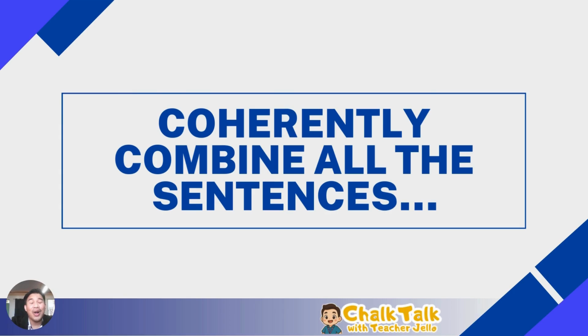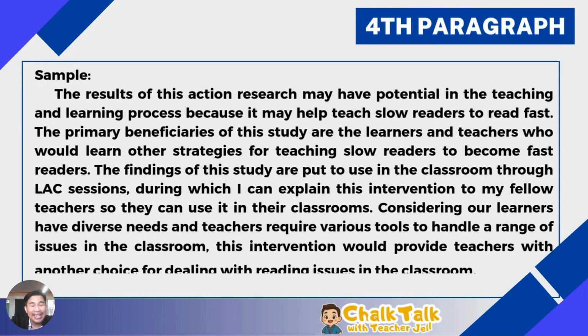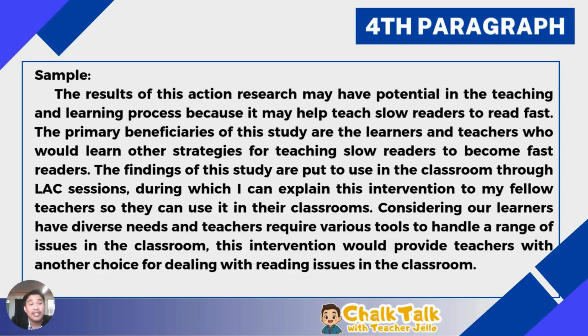Okay, so all we need to do now is to coherently combine all the sentences for us to make our fourth paragraph, which is all about the significance of the study. So here it is. The results of this action research may have potential in the teaching and learning process because it may help teach slow readers to read fast.